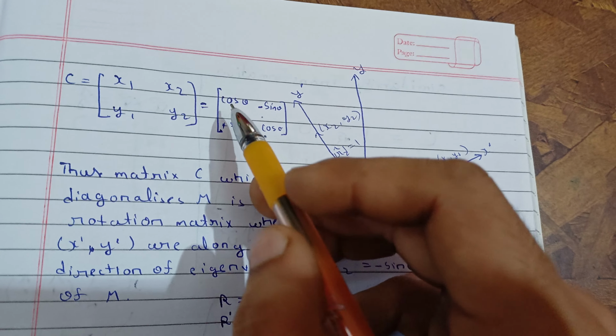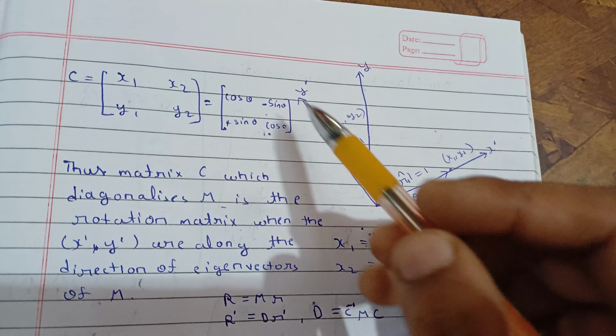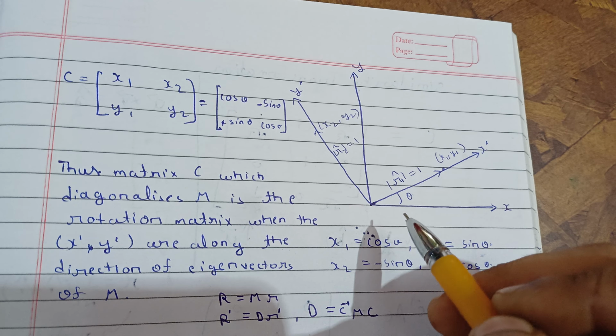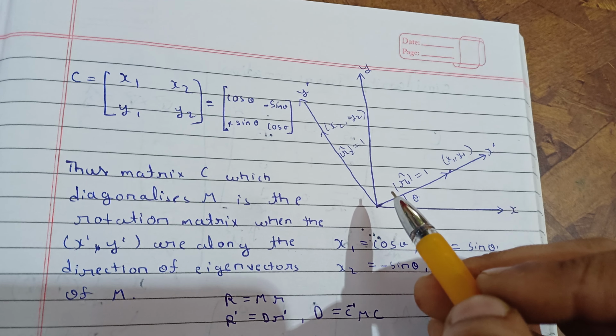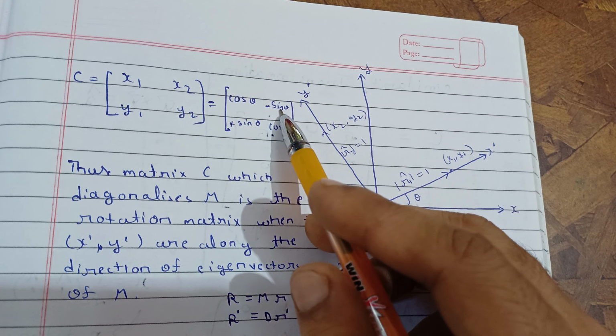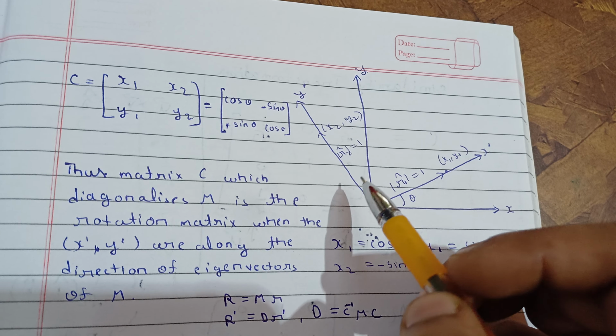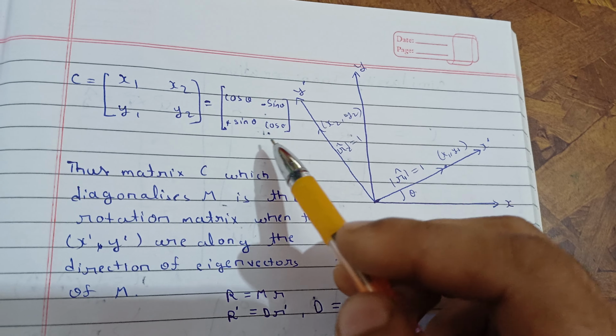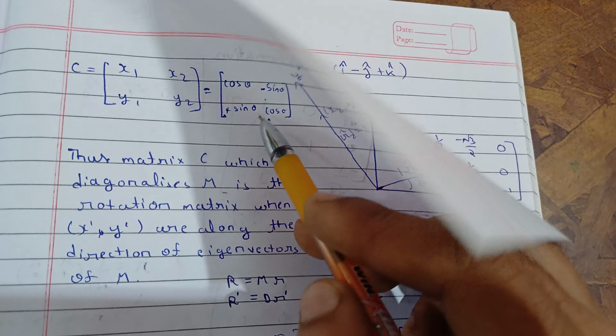So x1, y1 are cos theta, sin theta. For the second eigenvector, the angle is 90 plus theta. So cos(90 plus theta) gives minus sin theta, so x2 will be minus sin theta. And sin(90 plus theta) gives cos theta. So this will be the rotation matrix, and this represents the rotation.